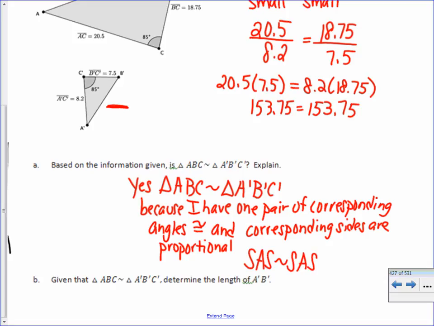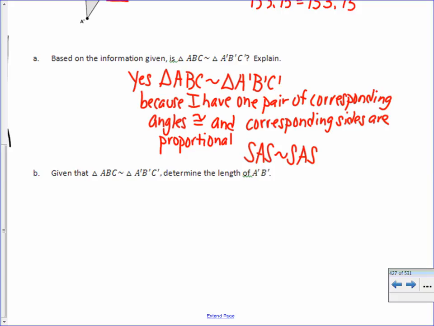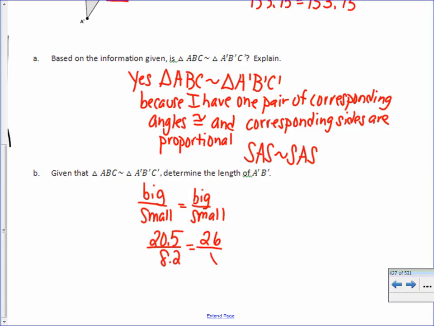To answer the question now at the bottom, now I can find the length of A prime, B prime. So again, do big over small equals big over small. And I'm going to do the 20.5 over the 8.2. Those are the two side lengths that I know. Equals 26 over x, because I do not know A prime, B prime.